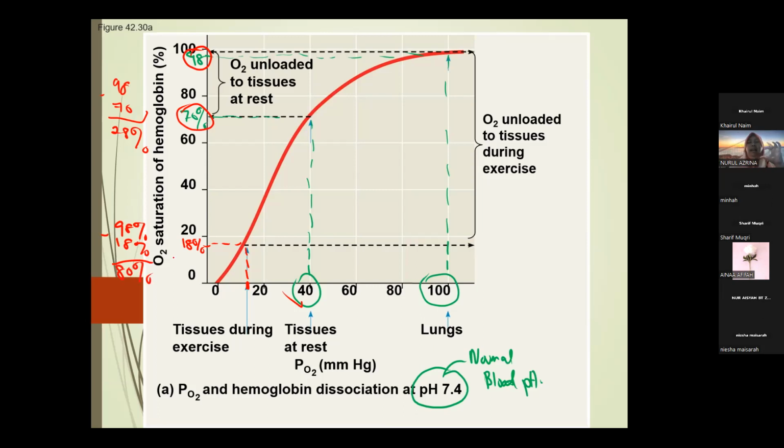So ini jumlah amount or percentage of oxygen that has been unloaded, yang telah dilepaskan oleh hemoglobin for tissue during exercise. Lagi banyak, nampak tak? 80% oxygen unloaded by the hemoglobin compared to when tissue is at rest. Nampak tak? You can see the comparison. Okay? Right.